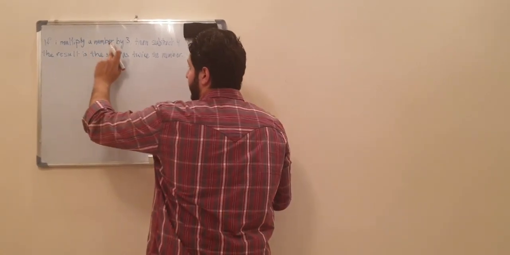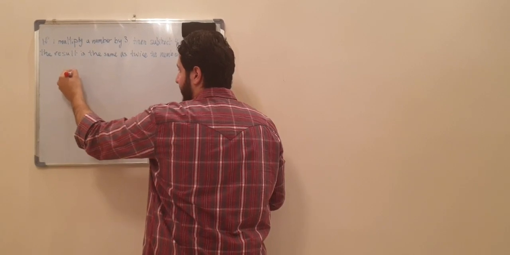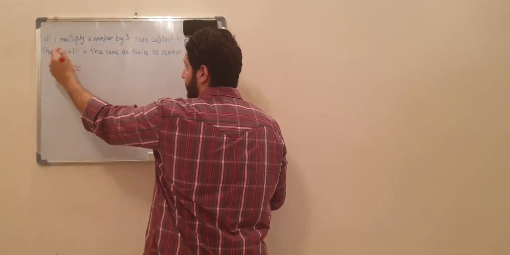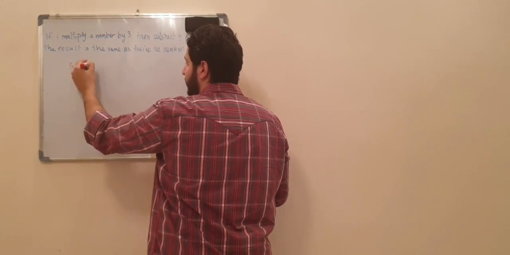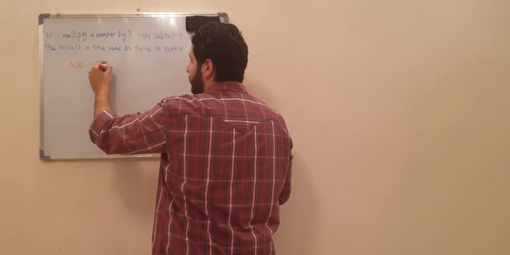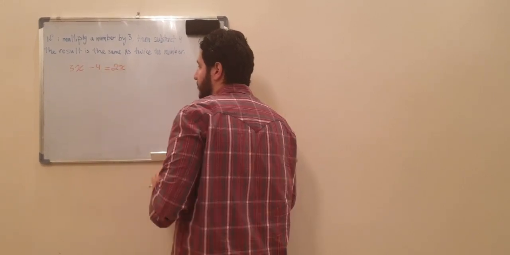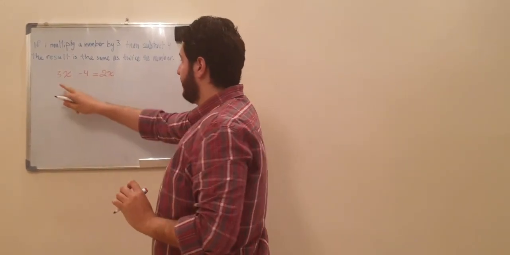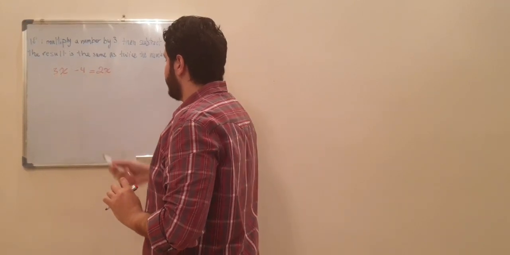So you're going to multiply a number, which is going to be x. You're going to multiply it by 3, then subtract 4, and the result will be the same as twice that number. So you have the equation as 3x minus 4 equals 2x.